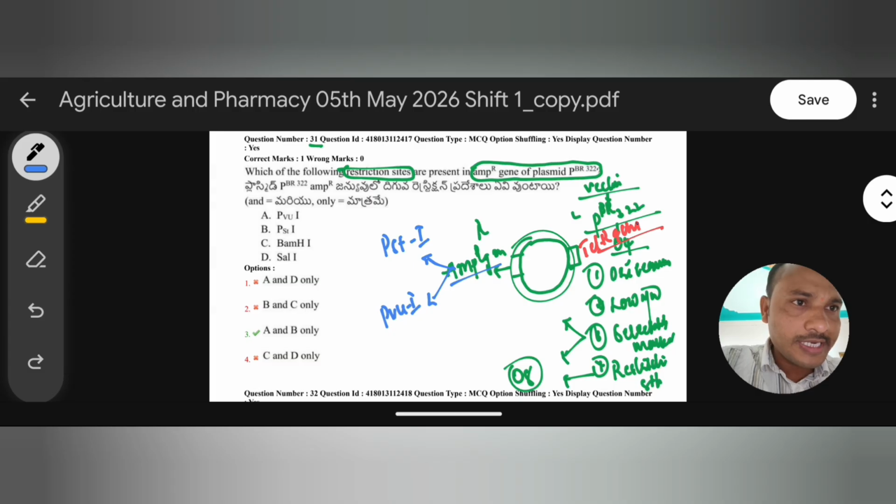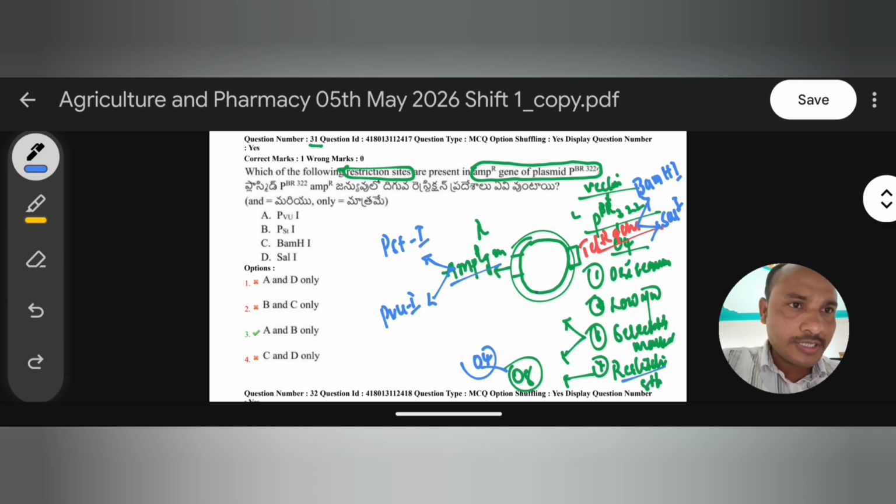Likewise, in the tetracycline resistance gene we have two restriction sites: BamHI and SalI. So four restriction sites are present on the two selectable markers, and there are four more restriction sites. In total there are 8 restriction sites.